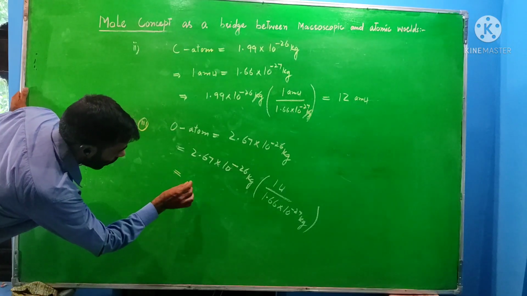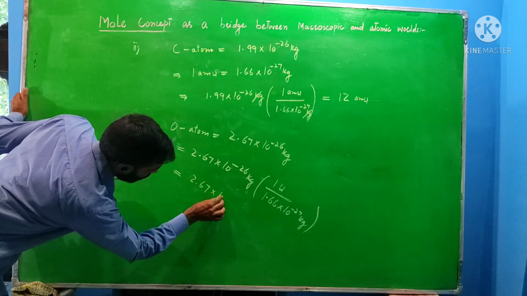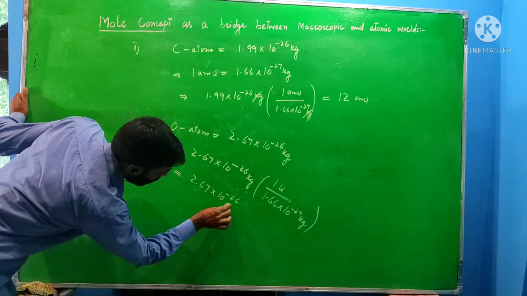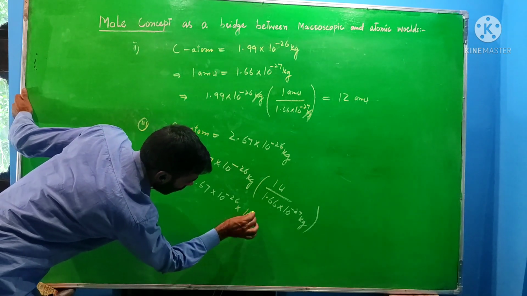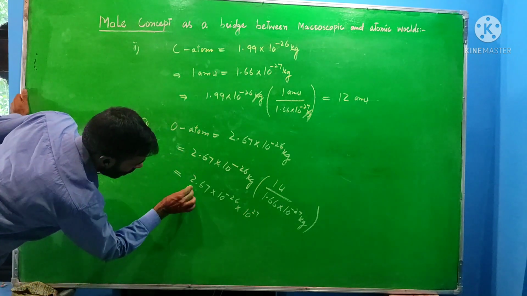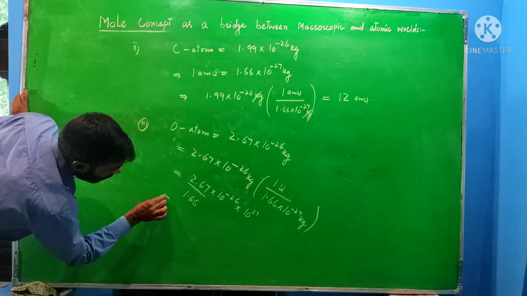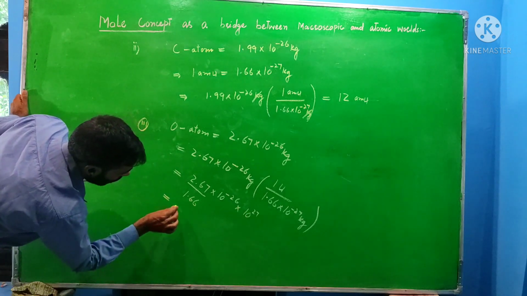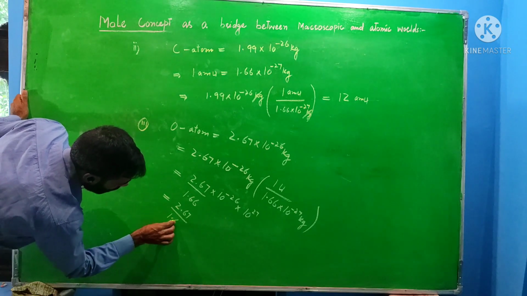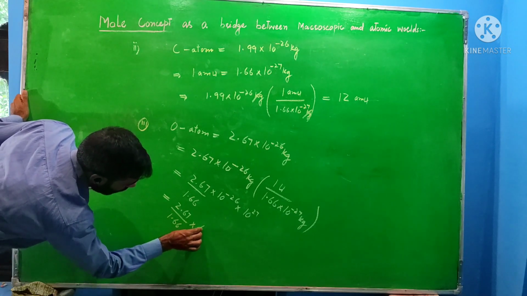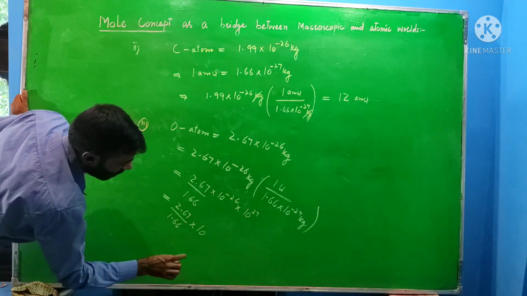This is equal to 2.67 divided by 1.66 into 10, since 27 minus 26 gives 10 raised to power 1.